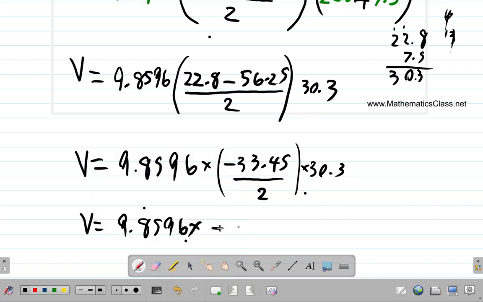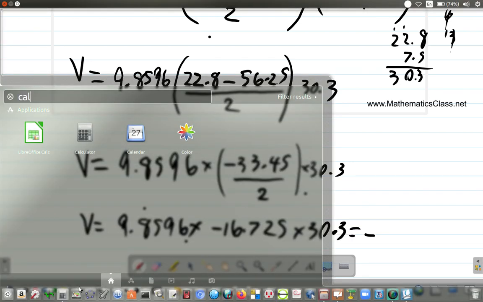So we have negative 16.725 multiplied by 30.3. Now it's going to be a negative because we have a positive times a negative times a positive. So I know the answer is going to be a negative number. So let's just multiply them directly.